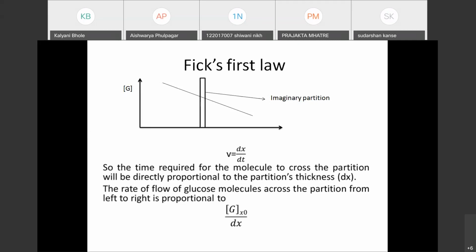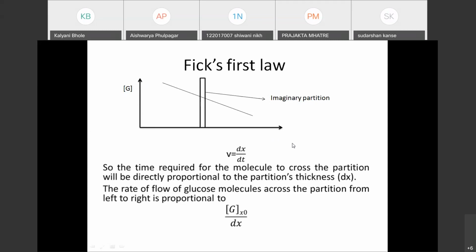This is the scenario we have considered, and to explain it we are using this figure. What we are considering here is that the glucose concentration is G, and this glucose concentration varies along the x-axis.